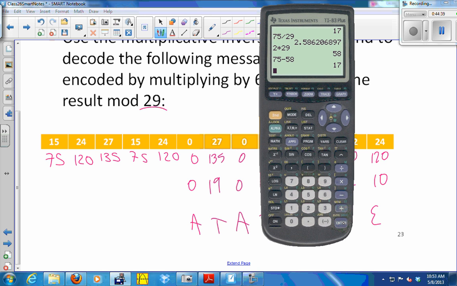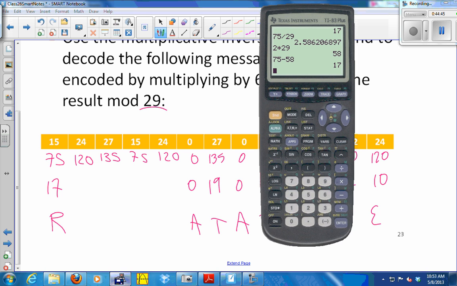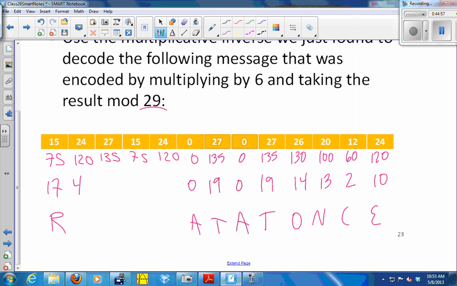Remainder is 17. And that's an R. That's right. Okay, so then 120 divided by 29. 4 times 29 is 116. So that's a 4. And that's an E.